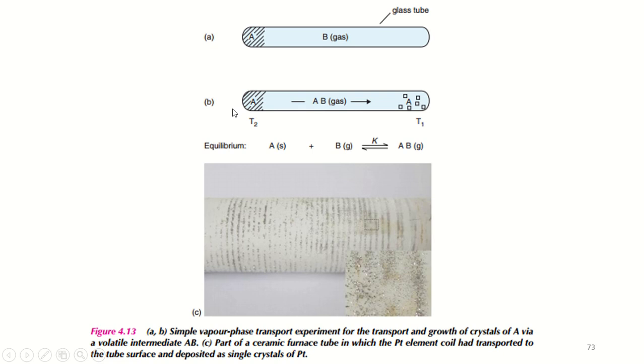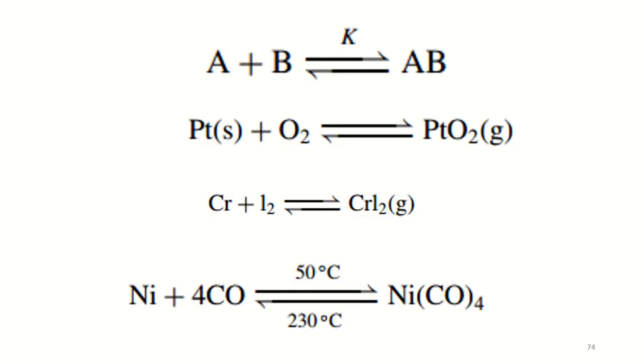The method depends on the existence of a reversible equilibrium between A, B and AB, in which A and B react with each other in a closed tube at about 50 to 100 degrees Celsius, and AB may permeate the whole tube and decompose somewhere in the tube at either higher or lower temperature to redeposit A. The equilibrium constant K should be small.